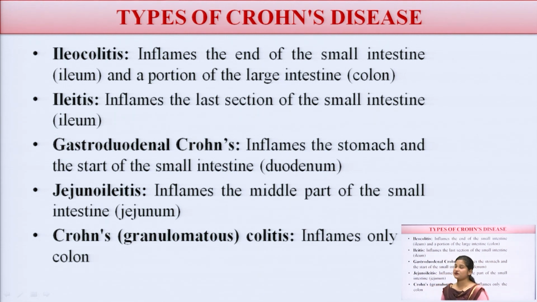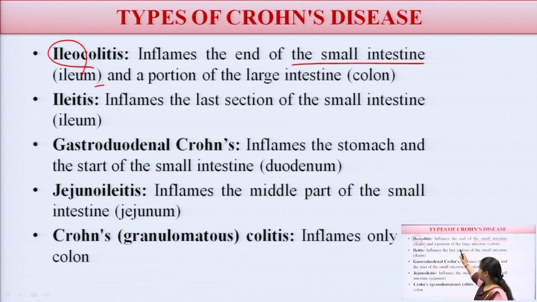the digestive system. Now, what do you mean by ileocolitis? Ileo means there is a part of the ileum. There is a digestive system, in which we study different parts. So there is an inflammation, there is an ileum. This inflames the end of the small intestine, which is the ileum, and that portion of the large intestine, the colon.